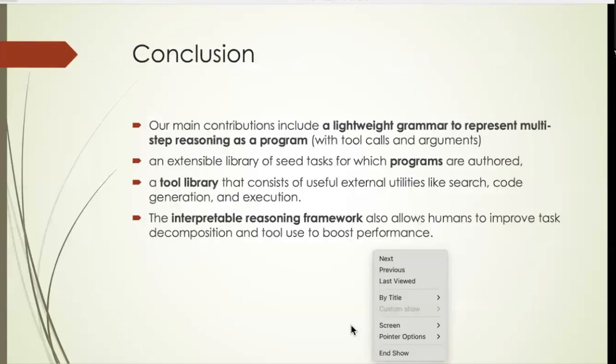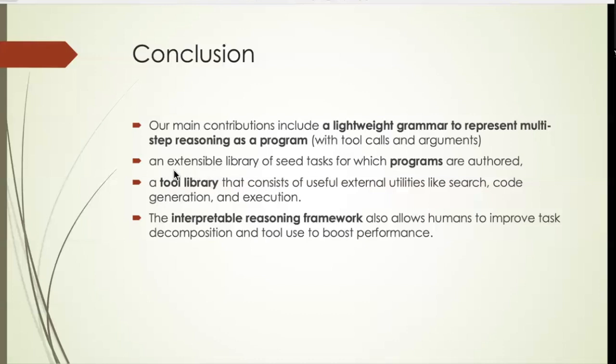Okay. The conclusion of this paper is, first, a very lightweight grammar of formats for the prompts to the LM, right? You just format it as multiple questions: call the tool, get a response, ask the second question, and so on. So this formatting interleaves reasoning with the tool calls and also the arguments in the generation process.